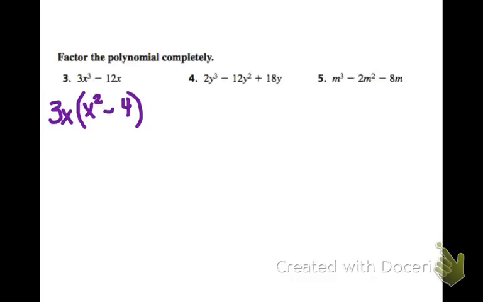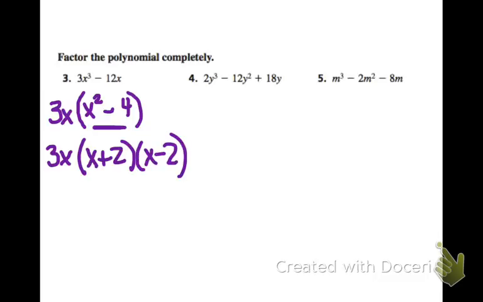So we'll keep the 3x on the outside, and then this can be factored more completely into x plus 2, x minus 2. Now we can say that we have factored completely because we're looking for patterns and we're looking to simplify it even further.